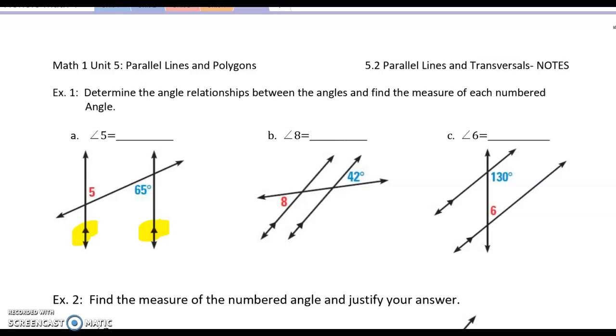Now we see these strange markings not at the ends, but on the line. These markings are telling us that these two lines are indeed parallel. And that's important information to know, because from the previous page, we know that there are specific relationships regarding transversals cutting through parallel lines.